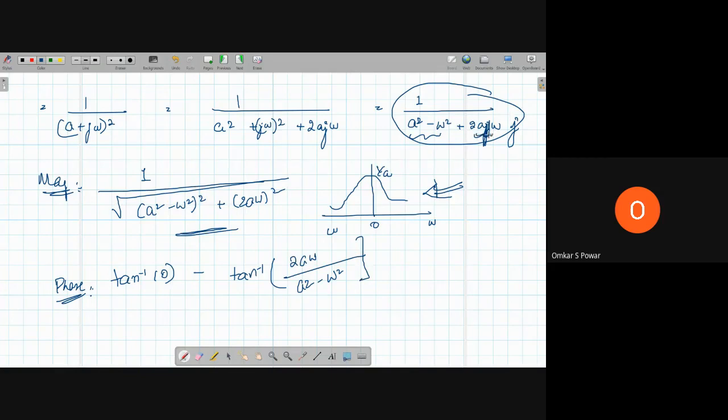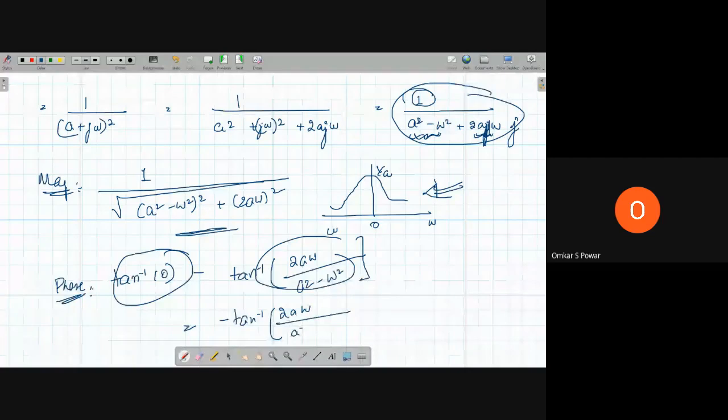Your b is 2aω, and a is a² minus ω². So the numerator angle is tan inverse of 0, which is 0, minus tan inverse of the denominator. So this will give us minus tan inverse of 2aω divided by a² minus ω². So this is your angle.